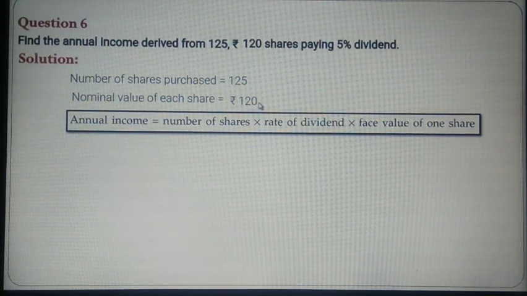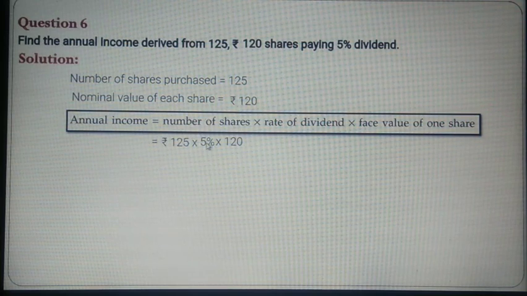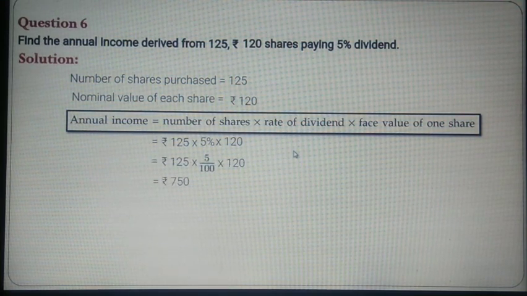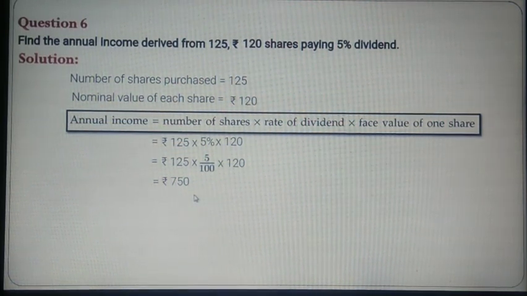It is 120. So just put the values and get the result. So number of shares 125, rate of dividend 5%, and face value is 120, right? Now this percentage sign means divided by 100. So if I do that and do the cancellation, I'll get rupees 750. So this is the annual income. So pause the video to note down.